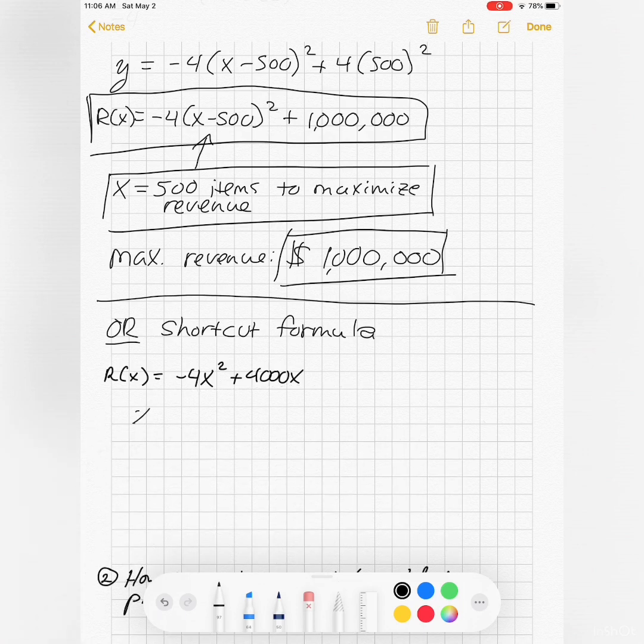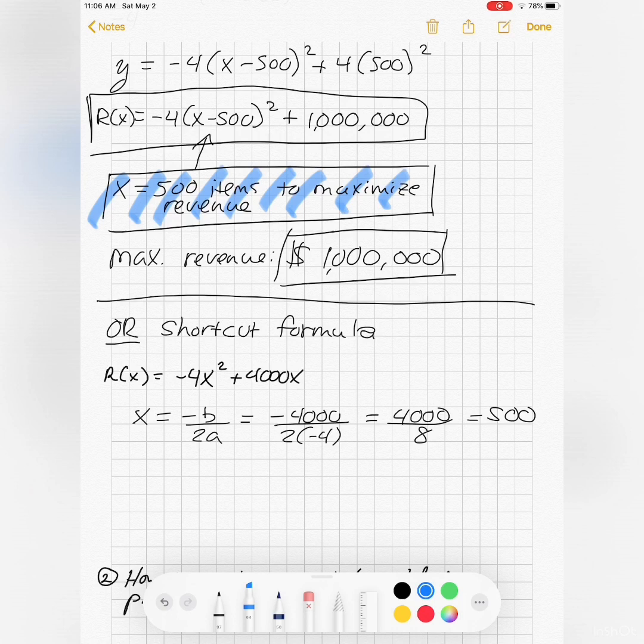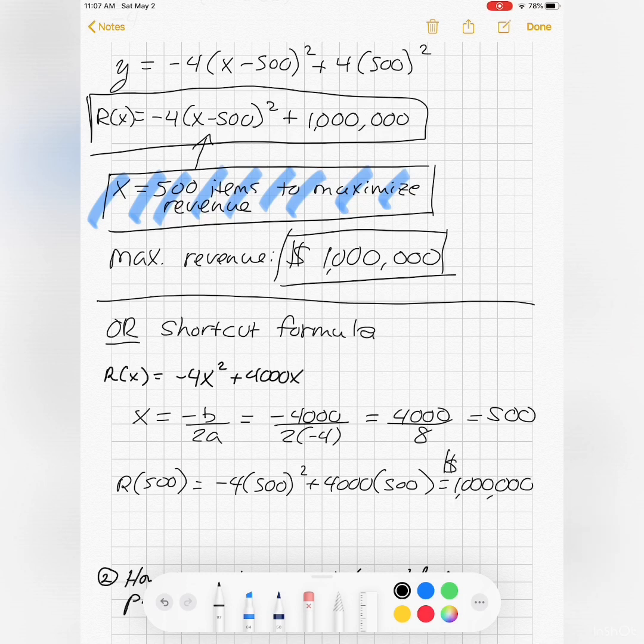Why don't we see how you would do that if you would have used the shortcut formula instead? Well, look at that. There's that 500 items. Looks like that was a lot easier to find. And then to get the revenue, I would have plugged the 500 in here. And then I'll let you verify that comes out to be that million again.